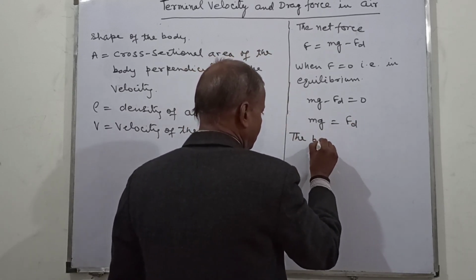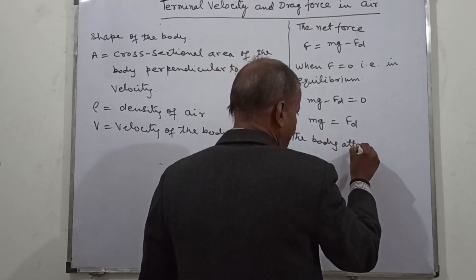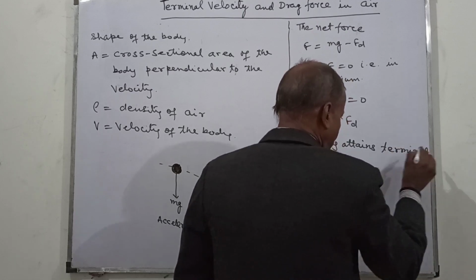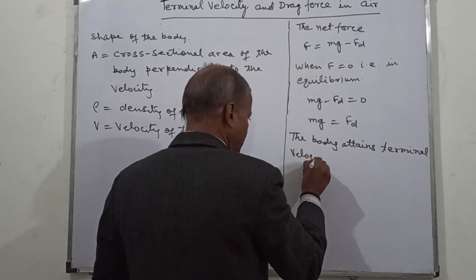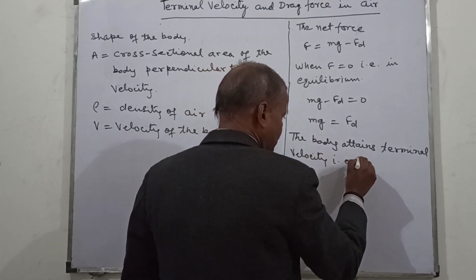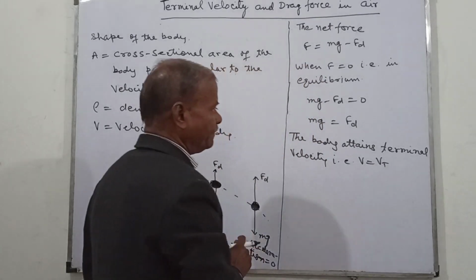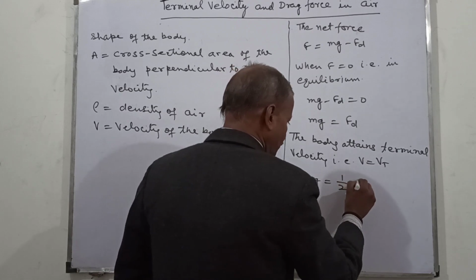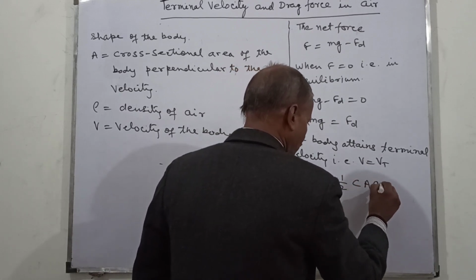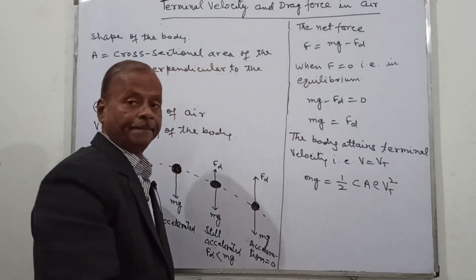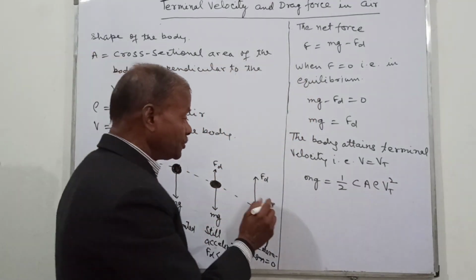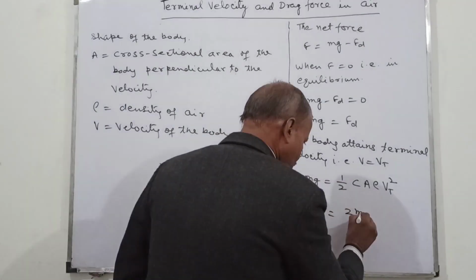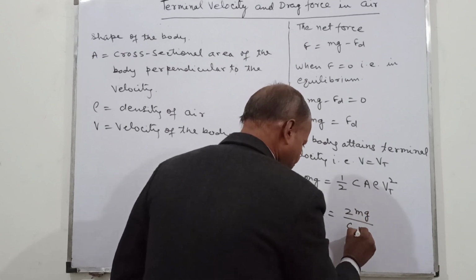The body attains terminal velocity. It means that V is equal to Vt. So now mg is equal to 1 by 2 C A rho Vt square. So now Vt is equal to the square root of 2 mg upon C A rho.